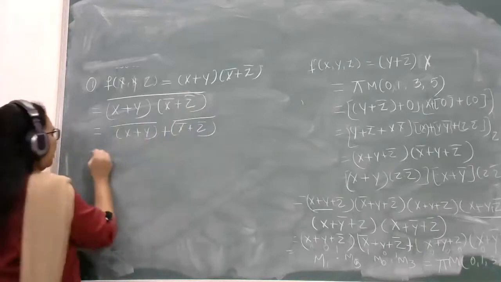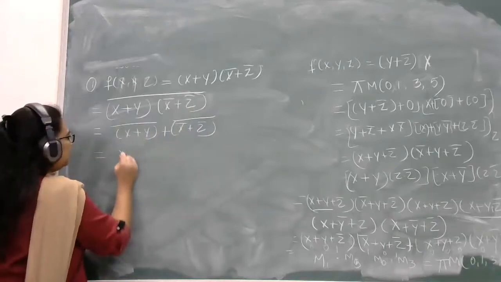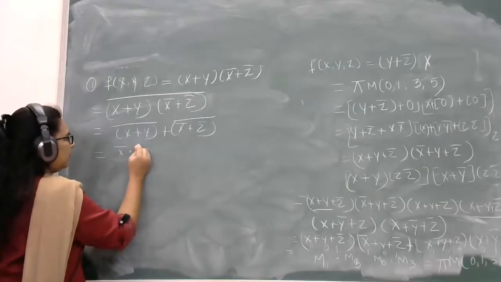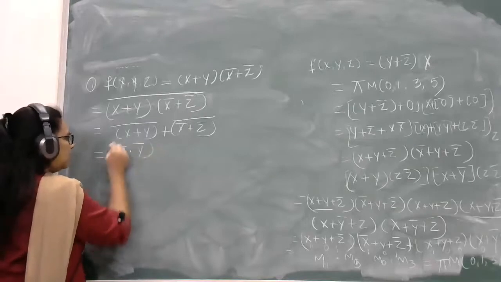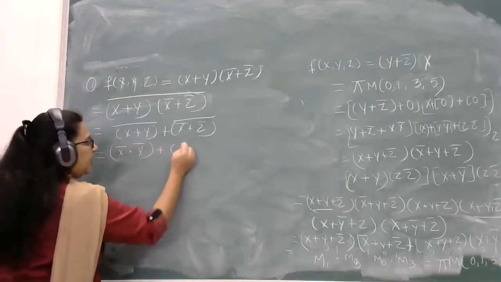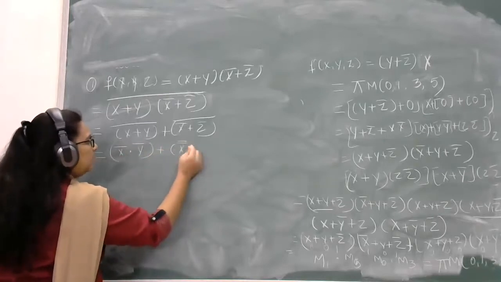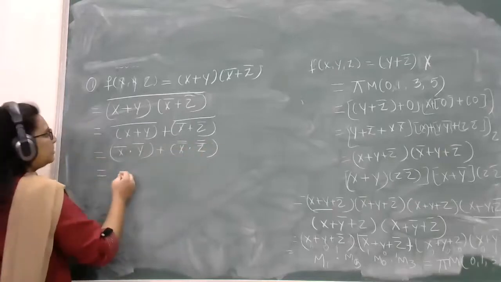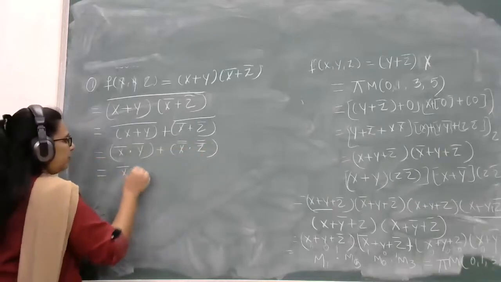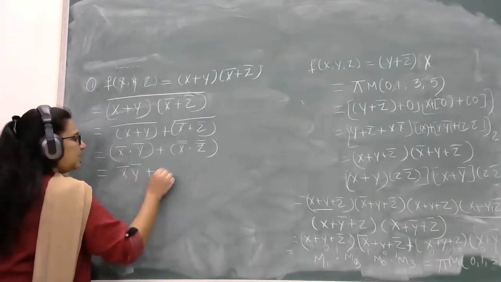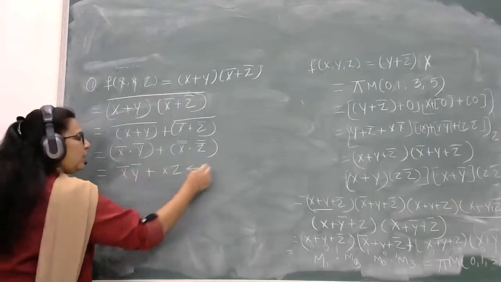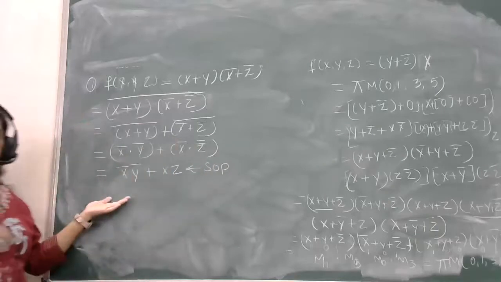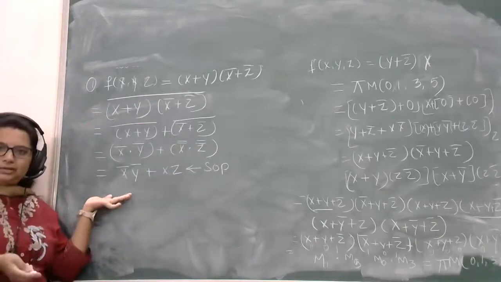Now again if I apply the theorem, it becomes x bar into y bar plus x double bar into z double bar. So the expression becomes x bar y bar plus xz. Is it not an SOP form now? This is SOP form, correct?